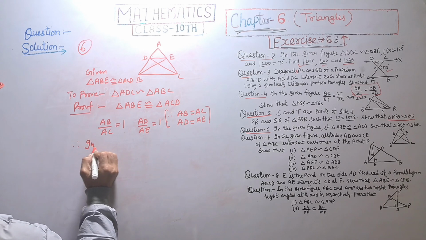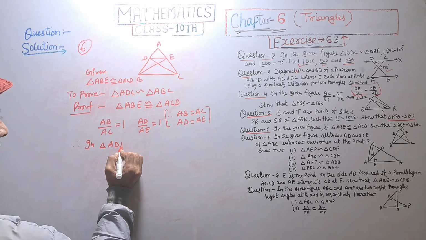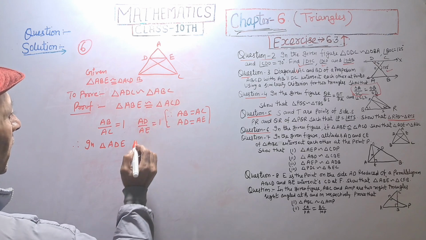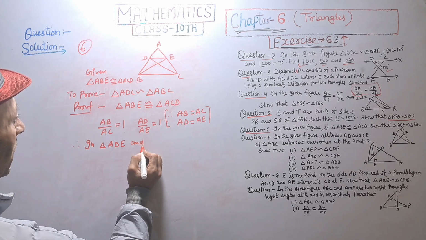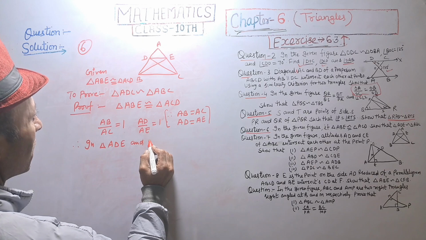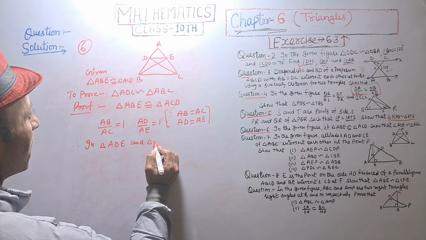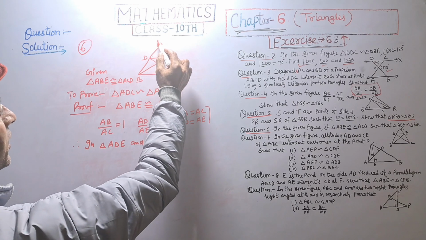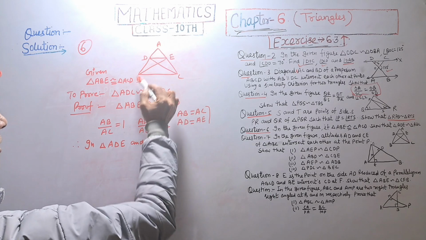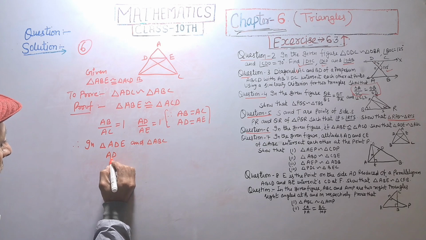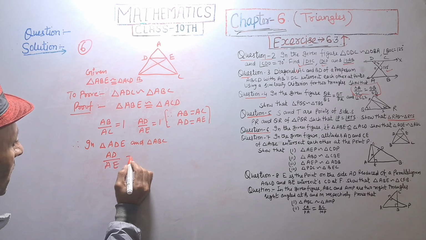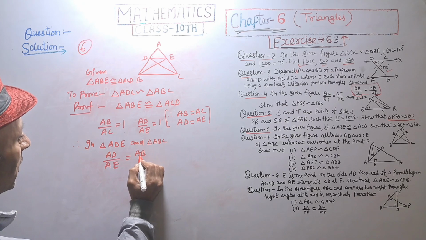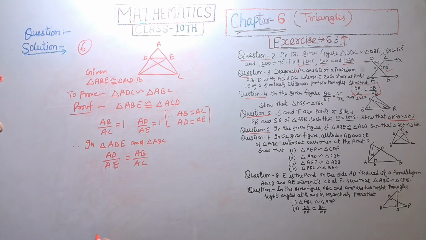So in triangle ADE and triangle ABC, AD upon AE is equal to AB upon AC.